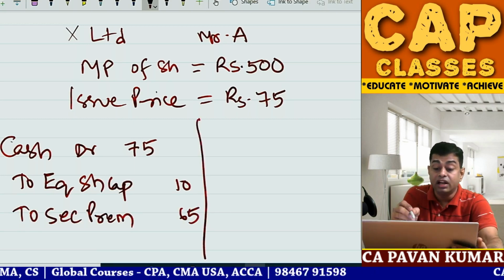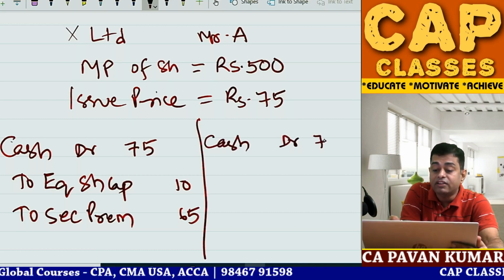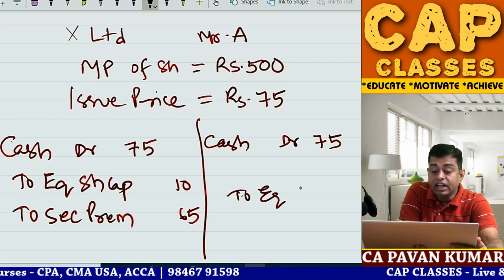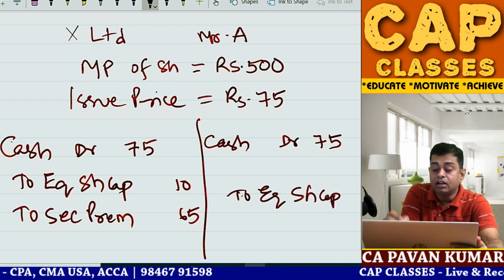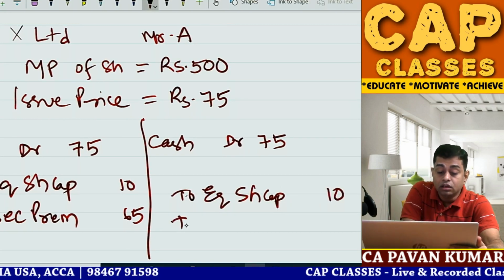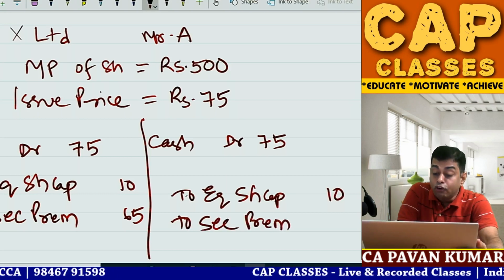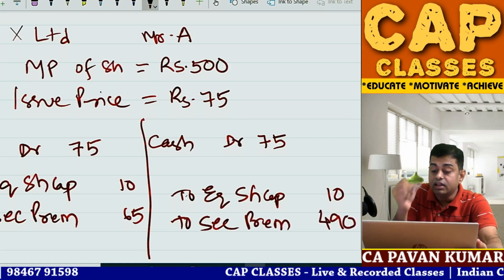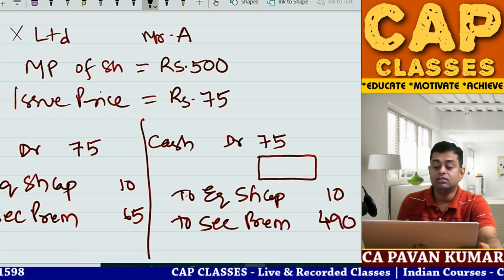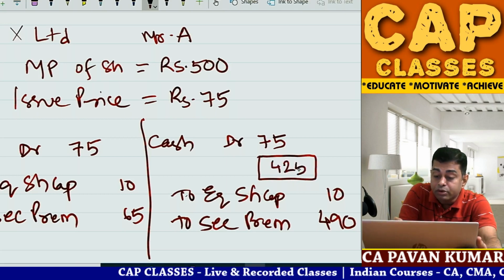Is this correct journal entry, or cash account debit 75 to equity share capital 10 rupees to security premium 490, and there is a difference. What is the difference? 425 rupees.